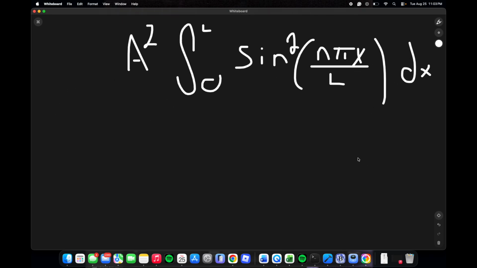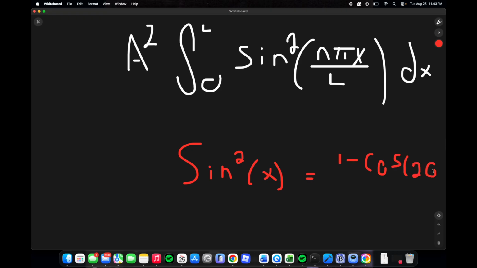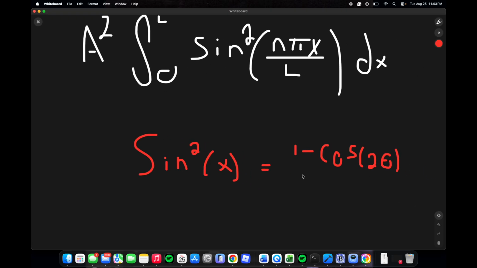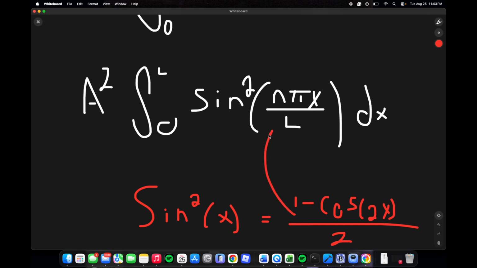And if you are having trouble solving this integral, a little hint: sine squared of x is equal to 1 minus cosine of 2 theta over 2. Sorry, I guess it's not theta in this case, it's x, my apologies. 1 minus cosine of 2x over 2. Simply plug that in and integrate.